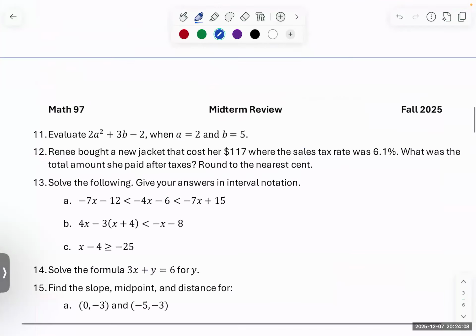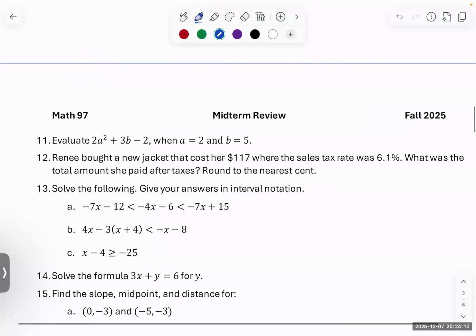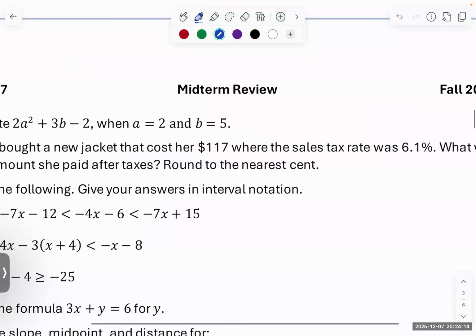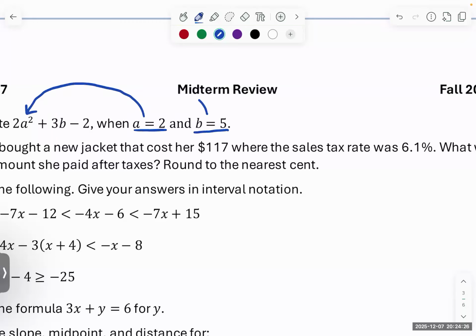For the next one, evaluate this expression when A equals 2 and B equals 5. So this is pretty much where you're just plugging in these numbers into that function.